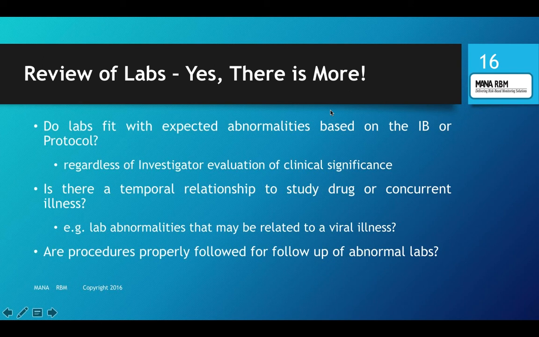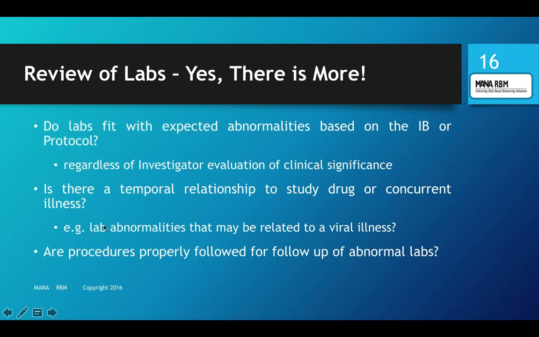Remember, they're seeing only a little bit of the data. It may be that the subject only had 1 dose of a medication. It may be that whatever the adverse event is, it's just beginning. And if you remember when we looked at some of the review last week, we talked about how AEs can be non-serious and serious. Remember, it's a continuum, and you want to look at all of that together.